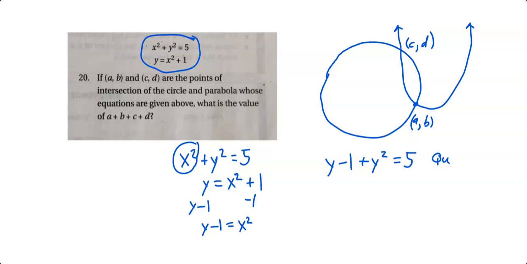Notice that this is a quadratic now, which means two solutions, which is what we have here. But we have to get it in the form that's either factorable or we can use the quadratic equation. So we have y squared plus y minus 1, but then we've got to subtract 5 over here to get equal to 0.